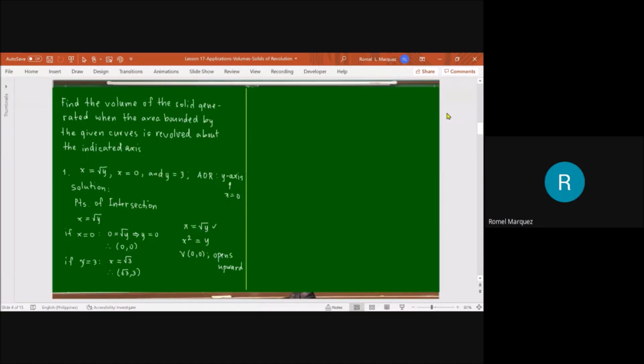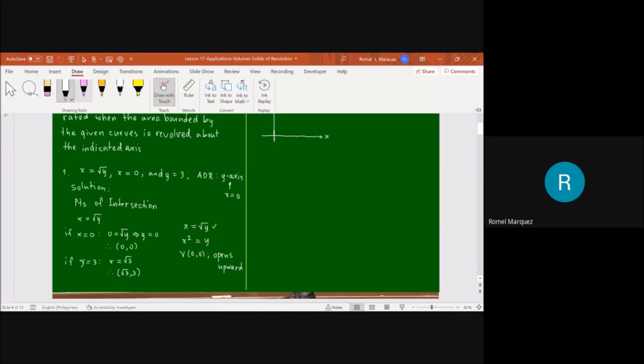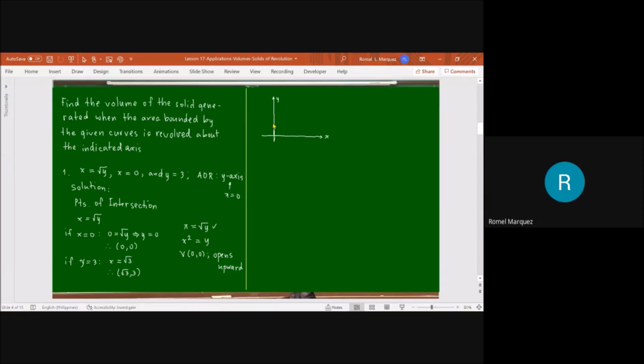I'm just going to do it freehand, because it will take much of our time to draw perfect straight lines. Square root of 3 is around 1.73.